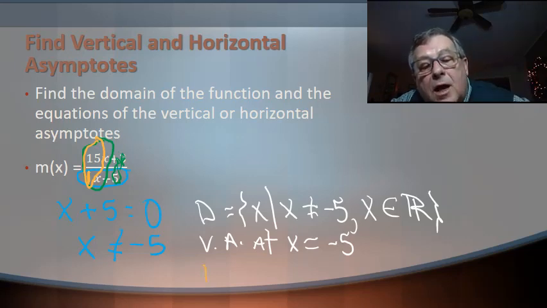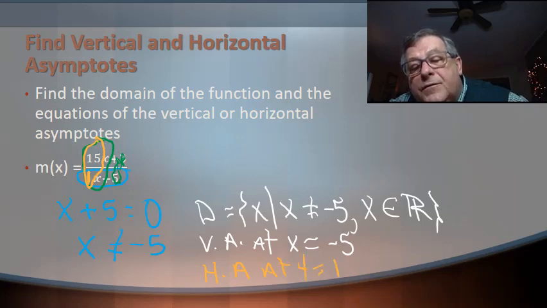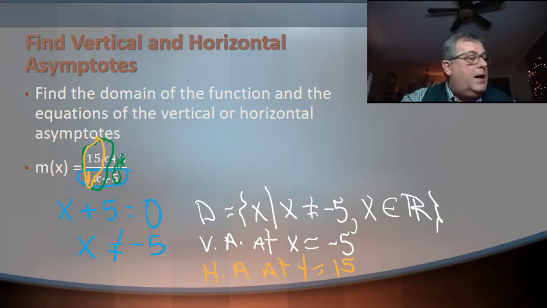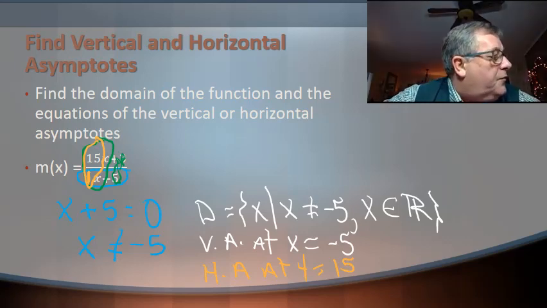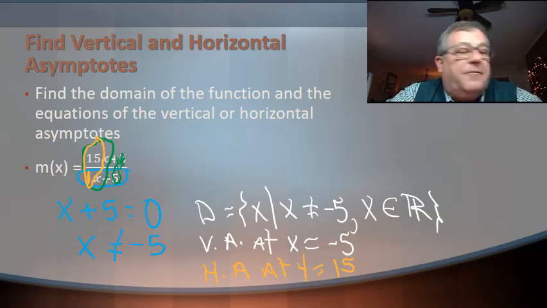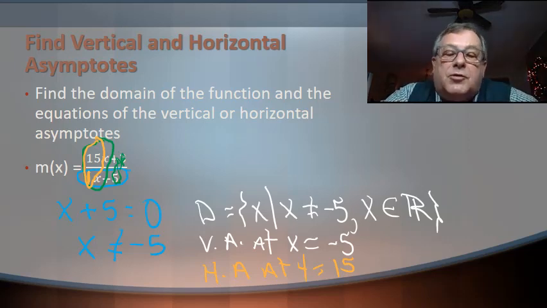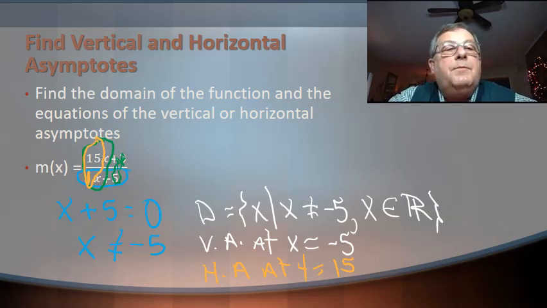And so my horizontal asymptote, which I'm going to abbreviate with HA, is at y equals 15. Okay, let's jump over to the calculator and graph this rational function, and see if what we have algebraically calculated actually pans out.